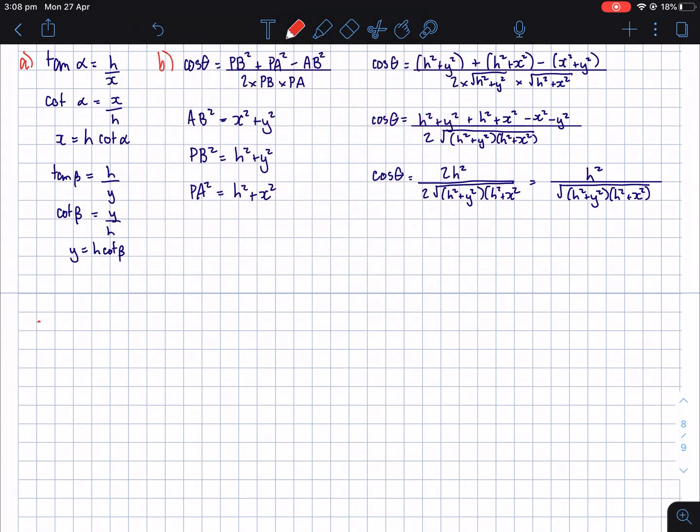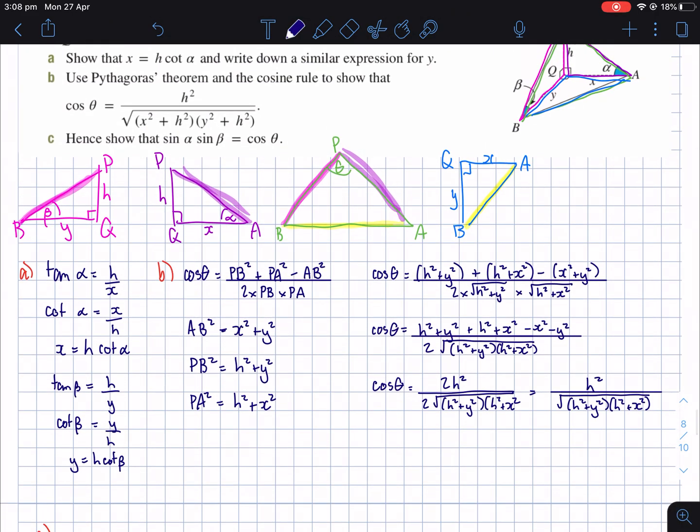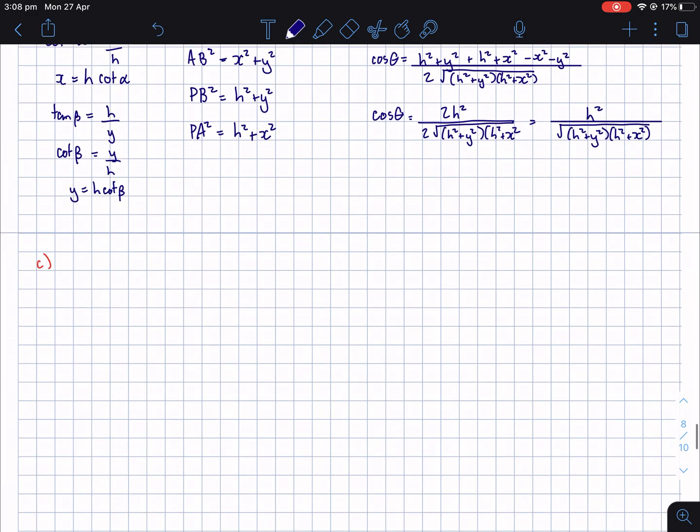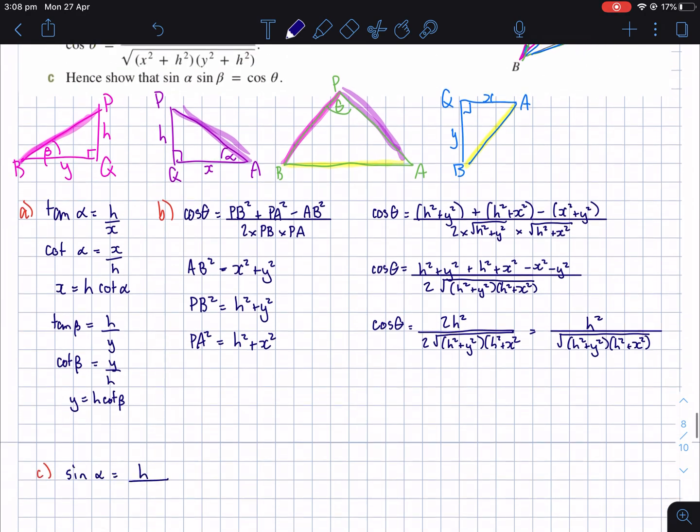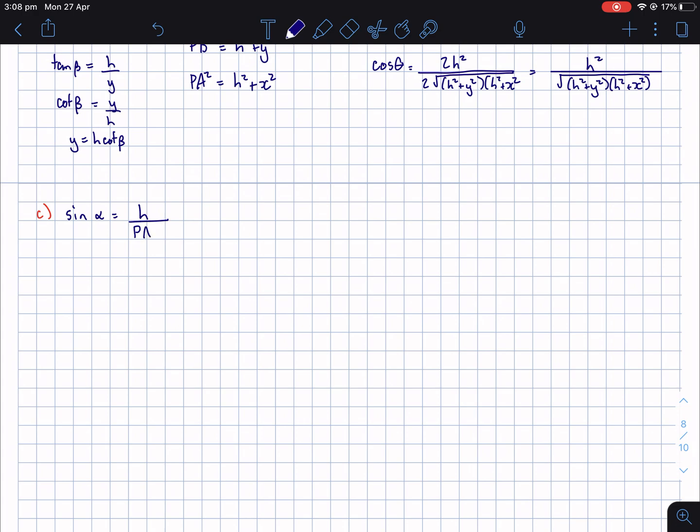So, sine alpha, looking at the purple triangle, sine alpha equals h on PA. And similarly for sine beta is h on PB.